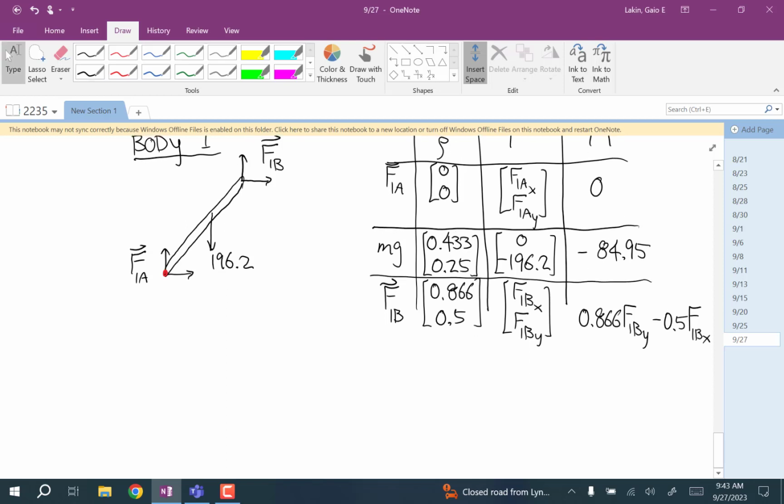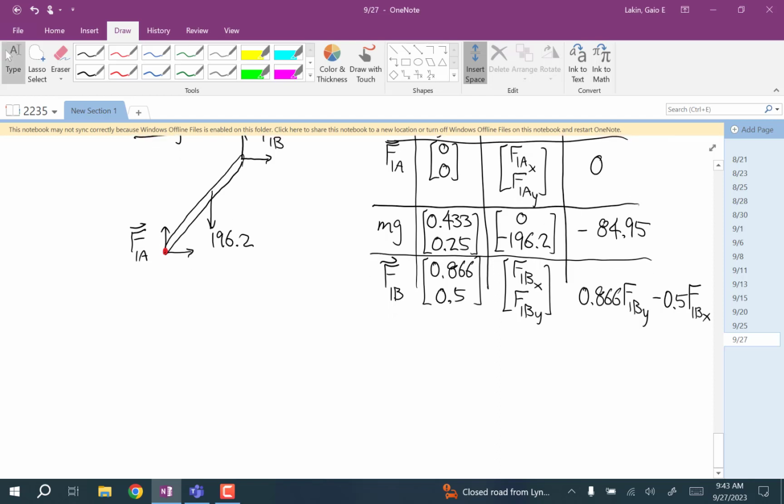So let's write out the equations we have. In 2D, we're going to have 3 equations. The first one is the x component of Newton's second law. So that says F1AX plus F1BX is equal to 0.